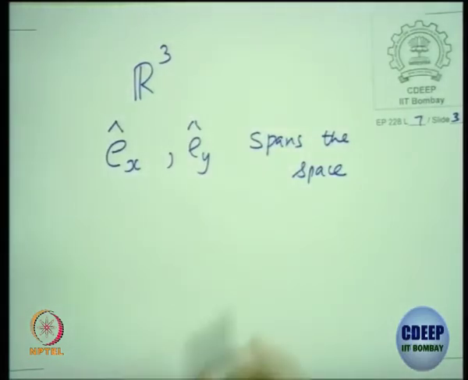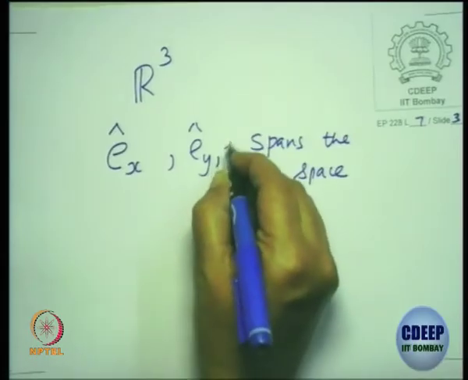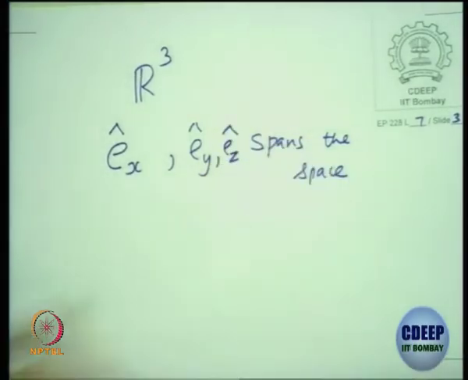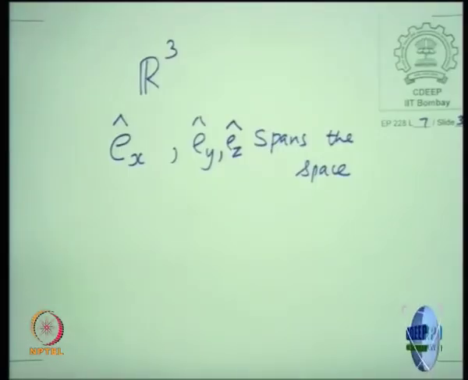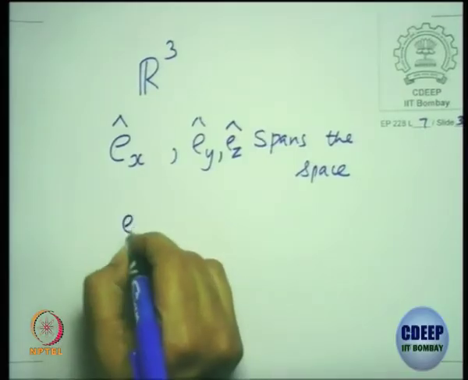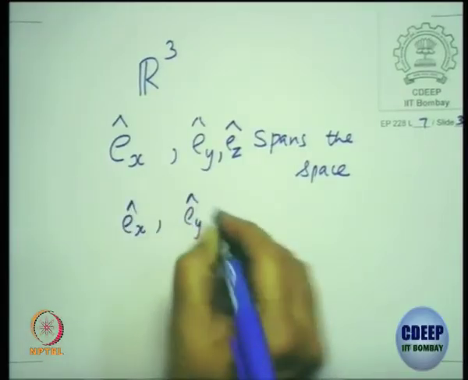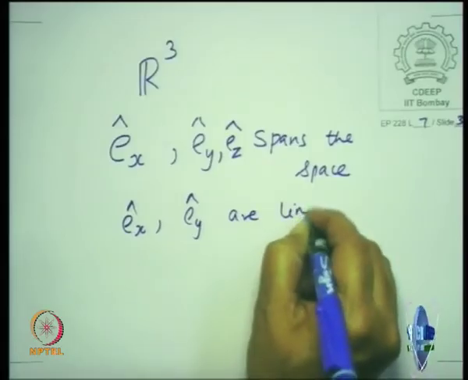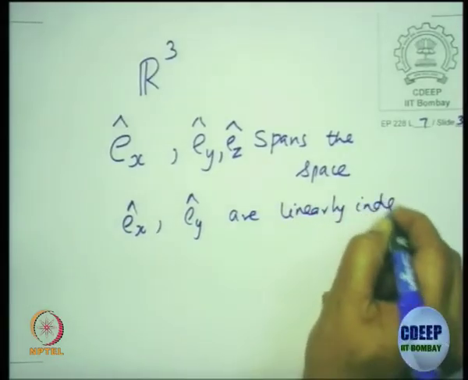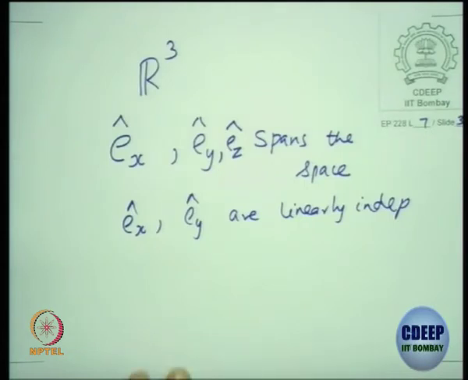No. So you need to add Ez, which spans the space, and Ex and Ey alone do not span the space. You could say Ex and Ey are linearly independent, and to span the space which is R3, you need 3 of them.